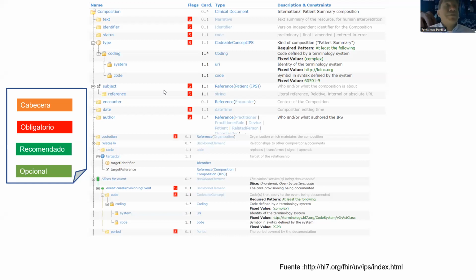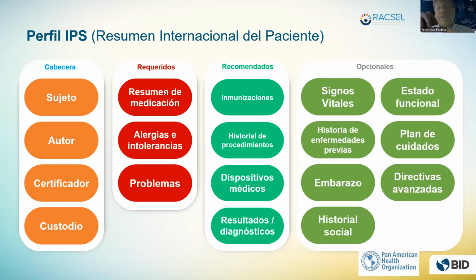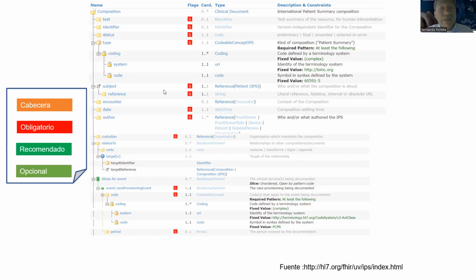So we can see in CDA, CDA is a clinical document, and by nature it also models this. It has the different sections with this information. That's what a CDA document includes.